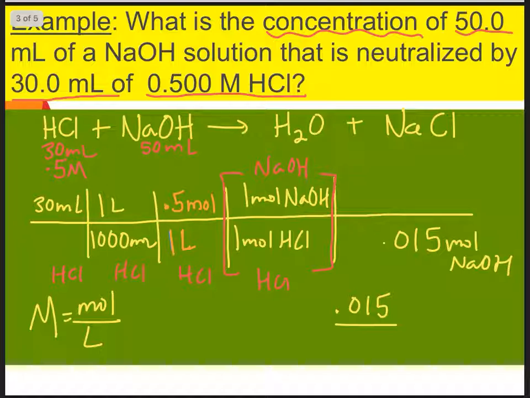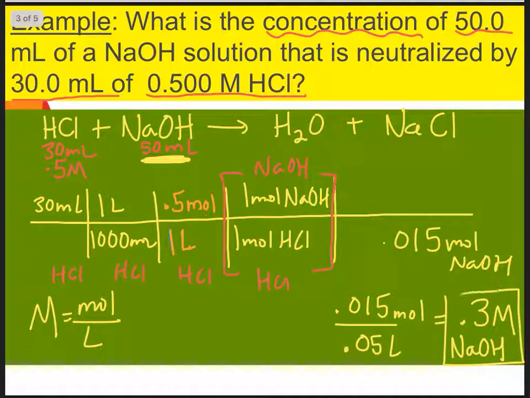Okay, I have 50 milliliters right here, but I need it to be in liters, so I would need to convert that into liters, which would be 0.05 liters. And I'm going to get a concentration of 0.3 molar for sodium hydroxide. And that is how we find the concentration via a titration.